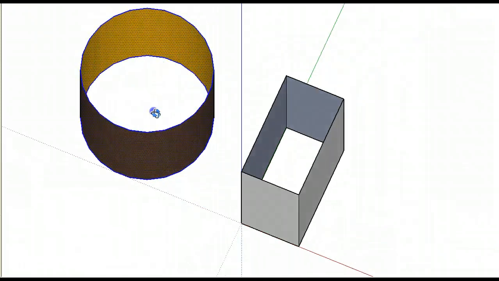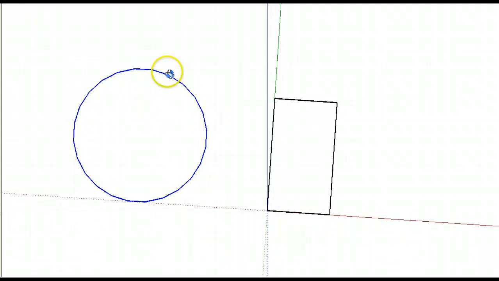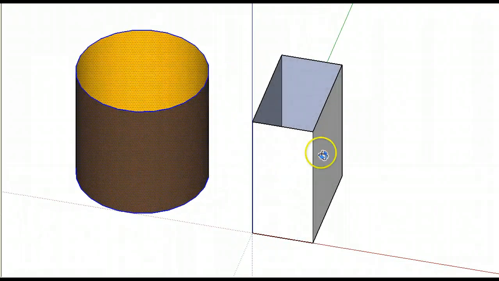If I look at this shape as a two-dimensional object, this circle is really the perimeter, the circumference of the circle, and this rectangle is really the perimeter of the rectangle. And when I extend that shape into the third dimension, I get the sides of my prism or cylinder.